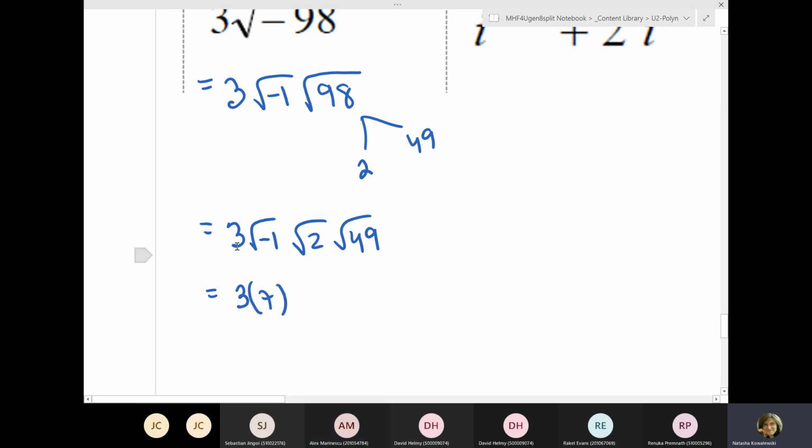I'll put it side by side with the 3. The square root of -1 is going to be i, and then root 2. So this is equivalent to 21 i root 2. I prefer to put the square root at the end. Of course, you could put 21 root 2 and then an i, but you have to really be specific that root 2 is not captured. So the root is not on the i at all.